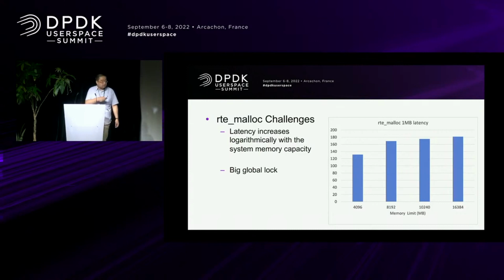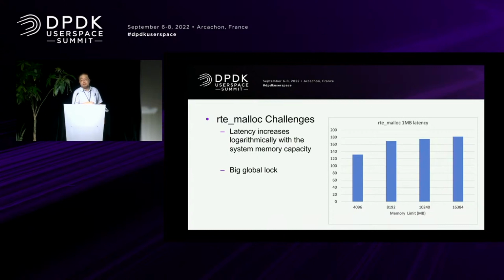The first thing is, I just introduced a little bit about our benchmark setup. This benchmark is based on our brand new unit test, the Malloc performance test. We keep requesting 10,000 1 meg blocks of memory from the DPDK memory management system. We also set the overall memory capacity of the application with the socket limit option.